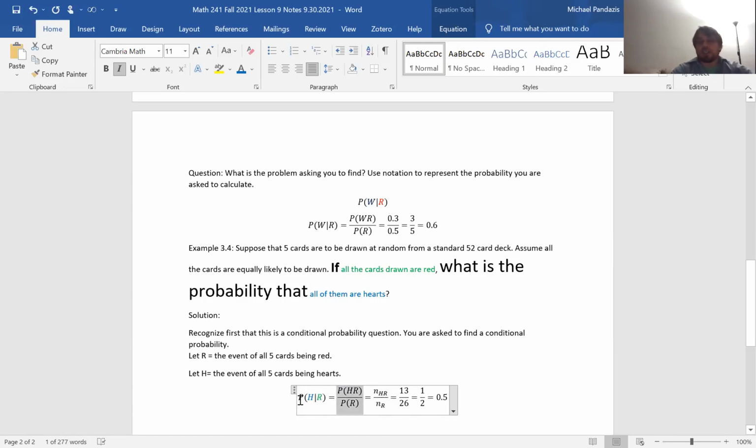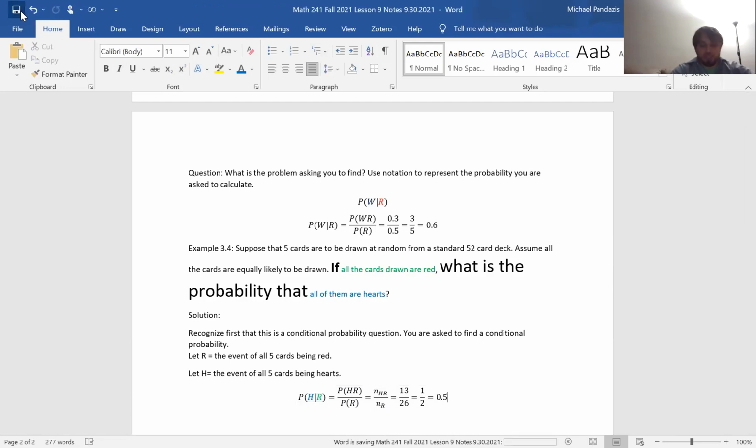But as far as getting the answer right, if you apply the formula and plug in the values of the numerator and denominator, or count each of these, you would get the answers. The hardest part is just recognizing what conditional probability the problem is asking you to find. Hopefully that makes more sense. It really makes more sense the more examples you do. If it's starting to make sense now, if you do more examples, it'll make even more sense.